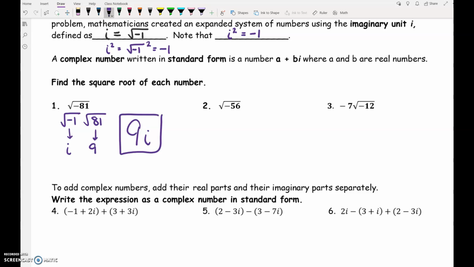Number 2, we would first split this into the square root of -1 times the square root of 56.